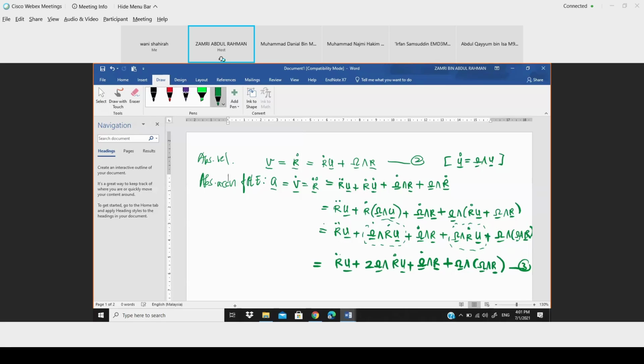Recall, this is Fig 0.0, this is rigid body number 1. And then we may have many other rigid bodies connected, so I will call this rigid body K once again.